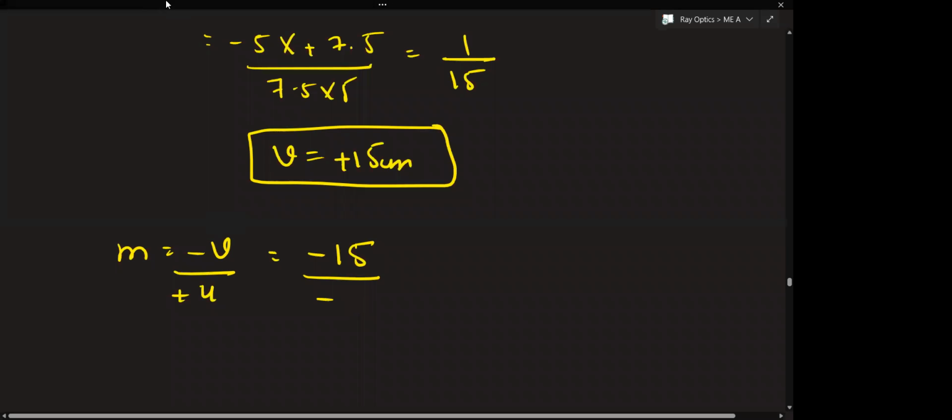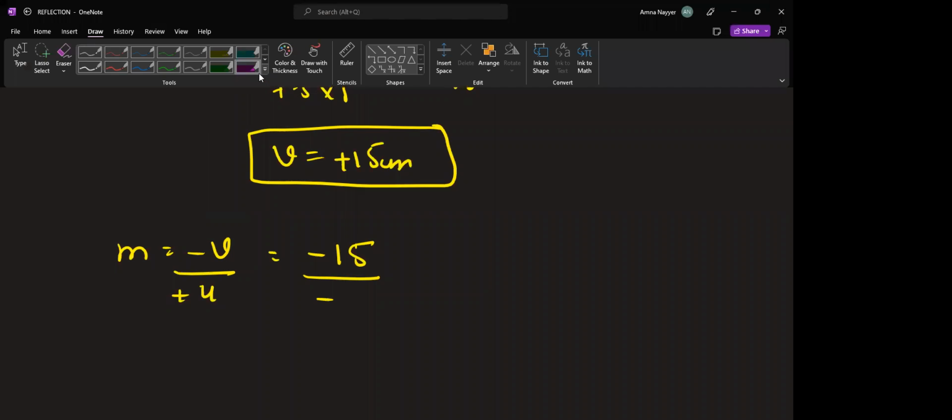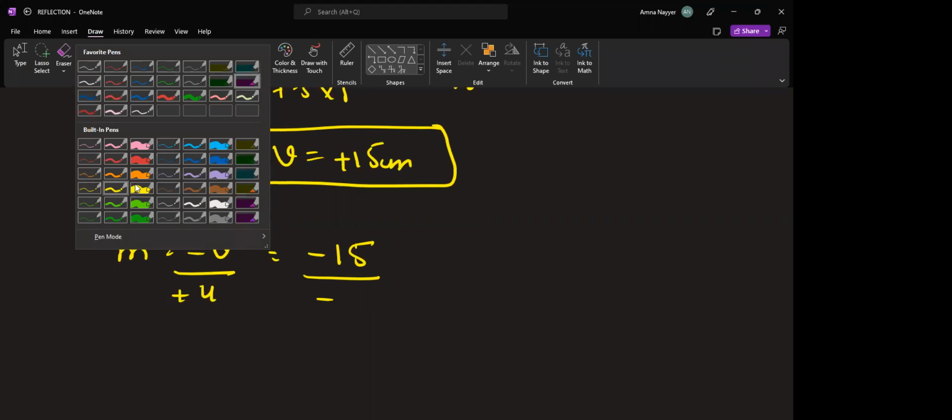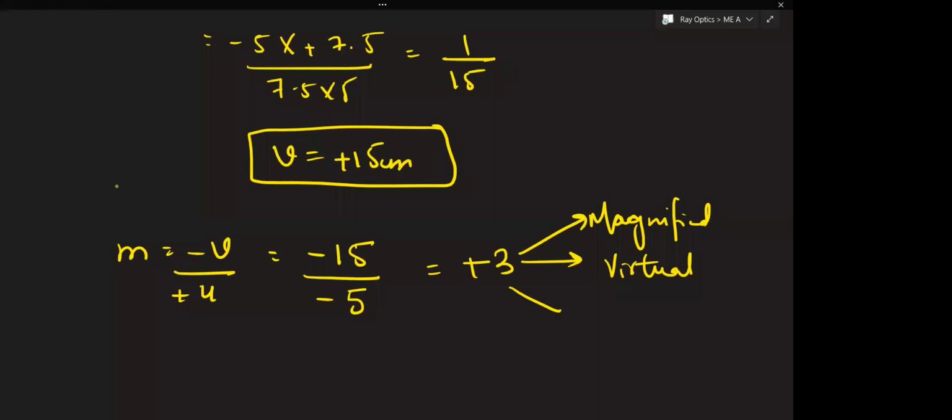So that becomes +3. Now this shows what? 3 shows you again the fact that this is magnified. But what does the plus sign show? That this is virtual and erect.